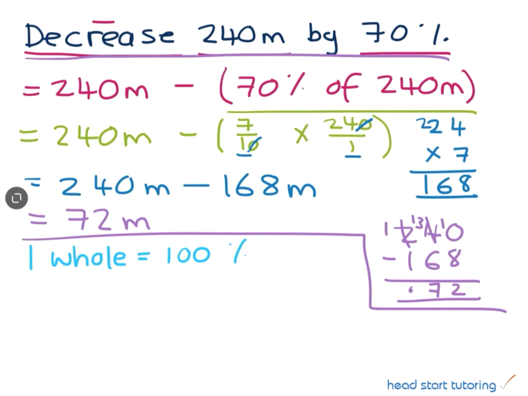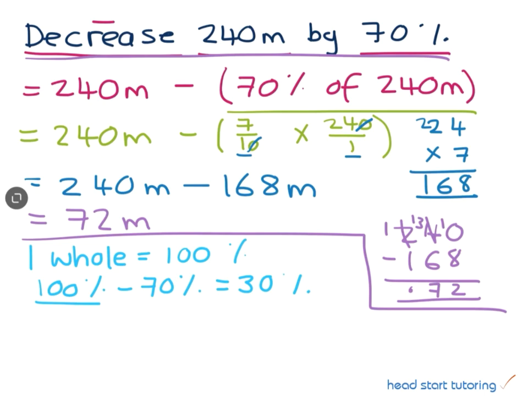So if we are working out 70% of 240 meters, we basically need to minus 70% of 240 from 240 in order to get 30% of 240 meters, because 100%, and if we are decreasing by 70%, that means we are minusing 70% from 100%, and that gives us an answer of 30%.